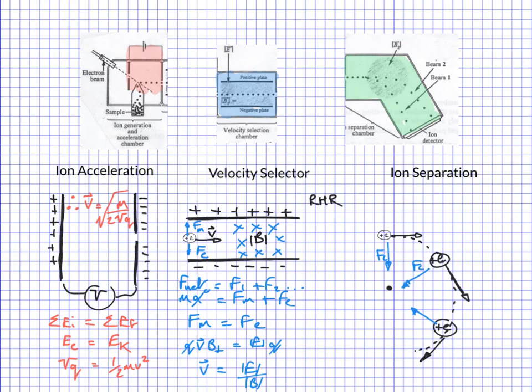But this time, the palm of our hand is going to be down towards the bottom of the page, which means our fingers are now pointing upwards, which means the magnetic field is going to be represented by dots. In other words, the magnetic field is coming out of the page. So this is my magnetic field. I'm just going to fill this in, making sure that it's uniform all the way through, and there's my magnetic field.